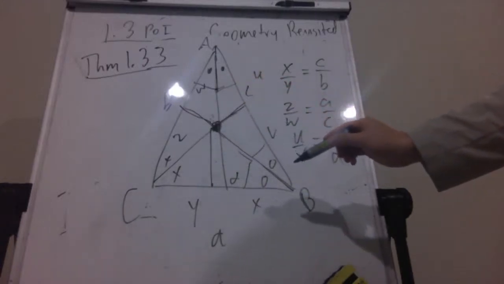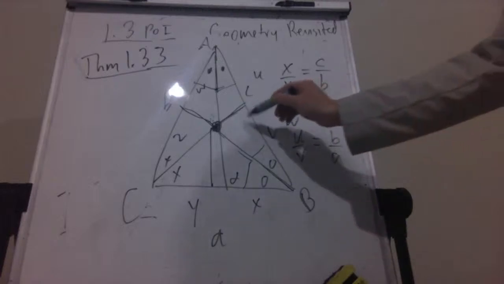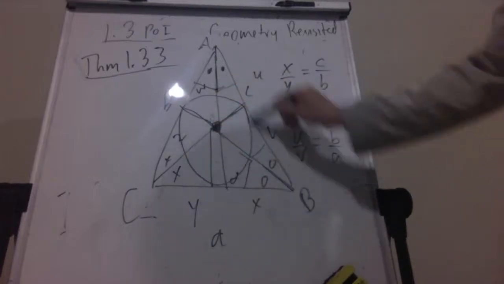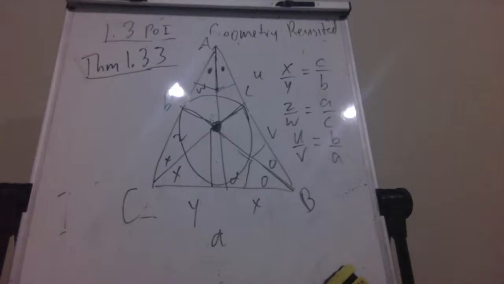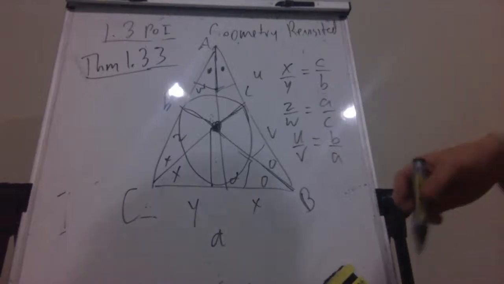So that's sort of how the incircle comes about. That's another way of getting the incircle. And I guess the radius is called the inradius.